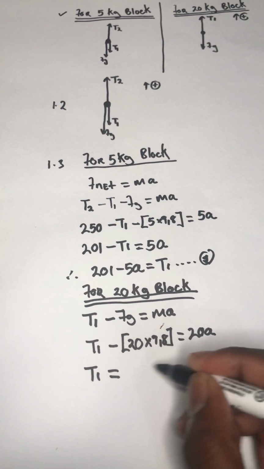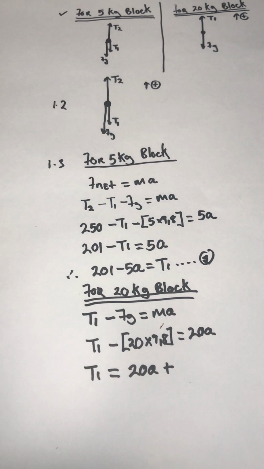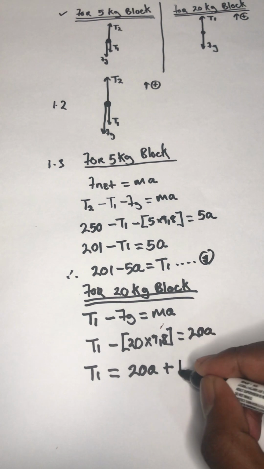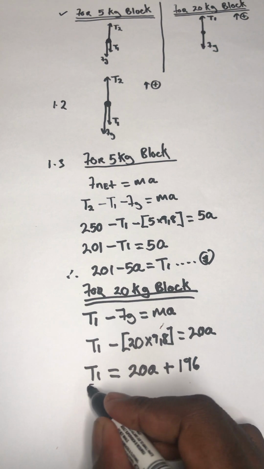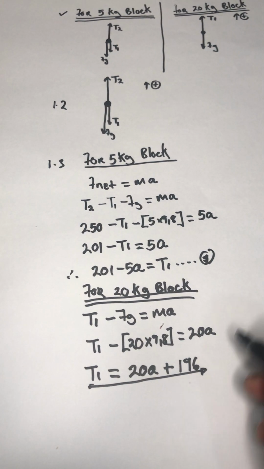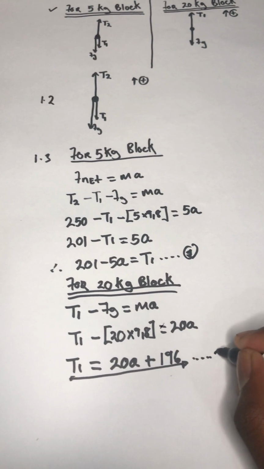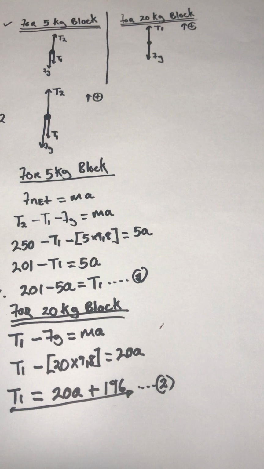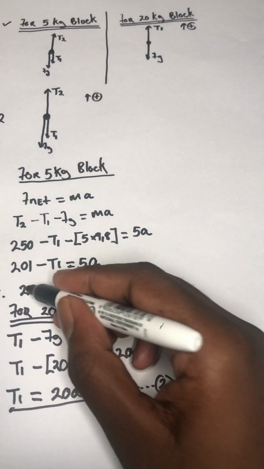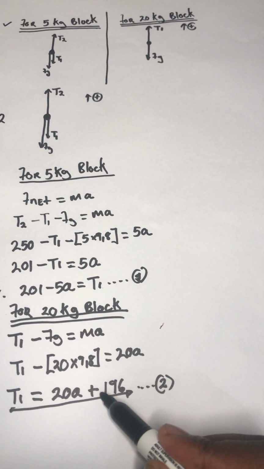So T1 is 20a plus 20 times 9,8, which is 196. Another thing I see learners doing is not using a calculator. Always use a calculator, focusing on understanding rather than memorizing how to calculate the numbers. That's important. So T1 equals 201 minus 5a, and T1 equals 20a plus 196.